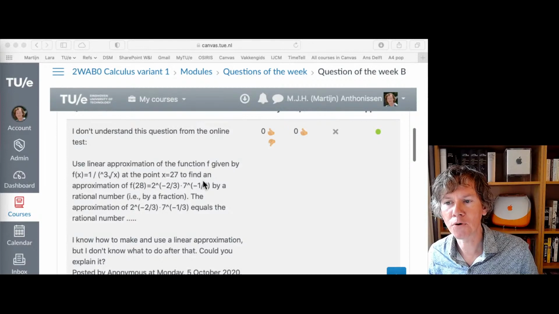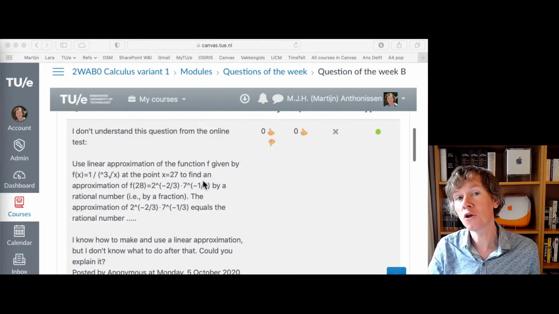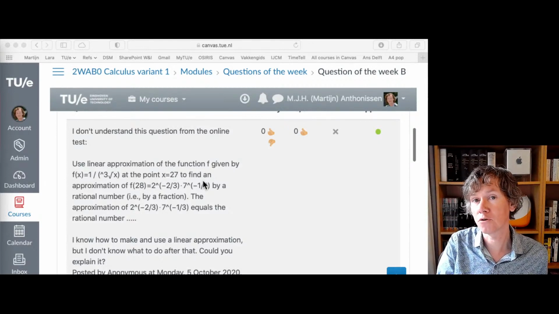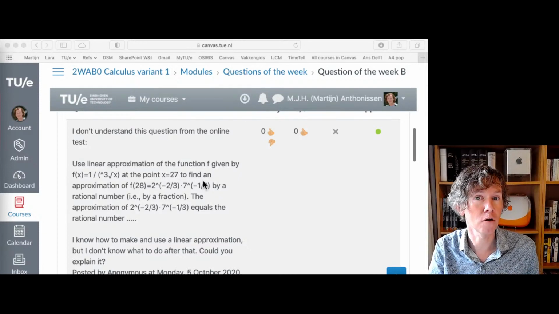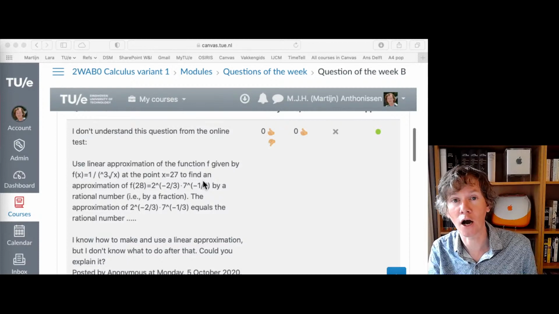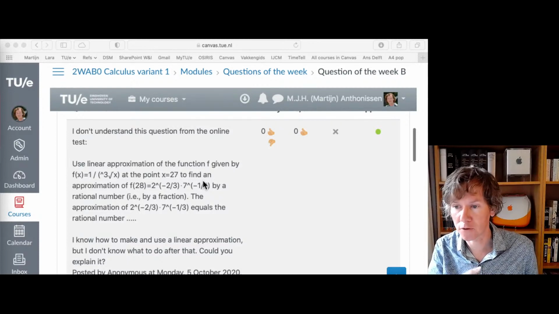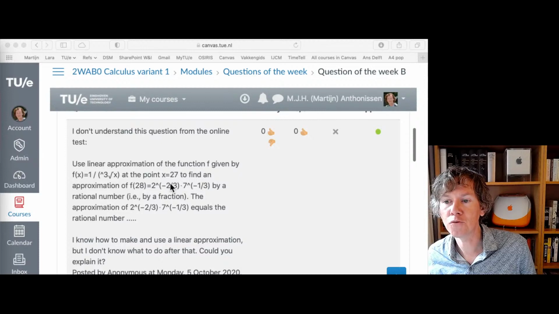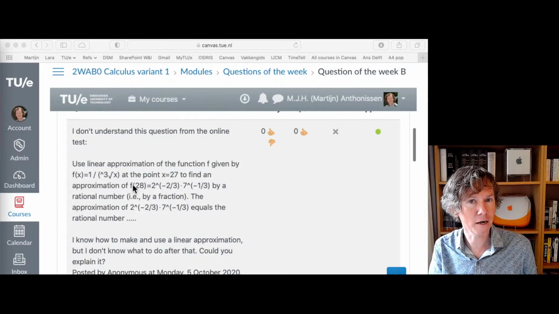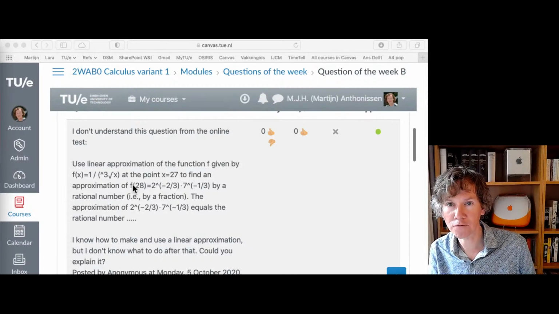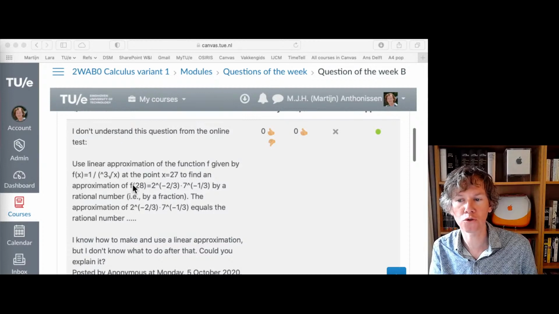And at the point x equals 27, you know the exact value, because the cubic root of 27 is 3, because 3 times 3 times 3 is 27. If you would evaluate the function not at 27 but at 28, that's quite close, so you could use a tangent line at x equals 27 to find an approximation. So that's what you should do here, okay?